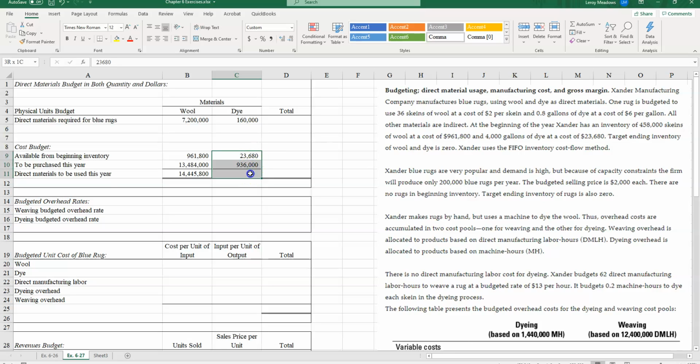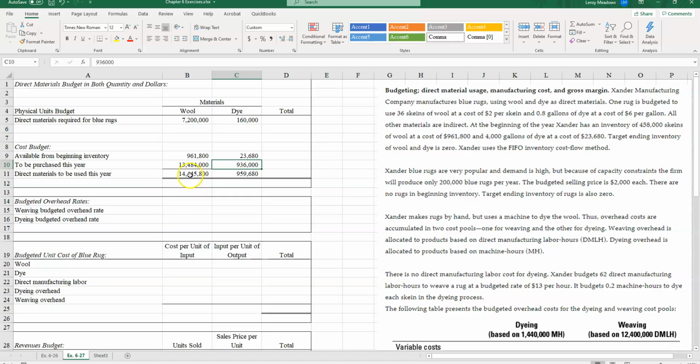So how much in total direct materials am I going to use this year for dye? Well, I'm going to simply add up the cost of my beginning inventory plus the cost of my purchases I need to make this year. And then my direct materials used this year for dye is $959,680. So between the two materials, how much am I going to spend total for the rugs?